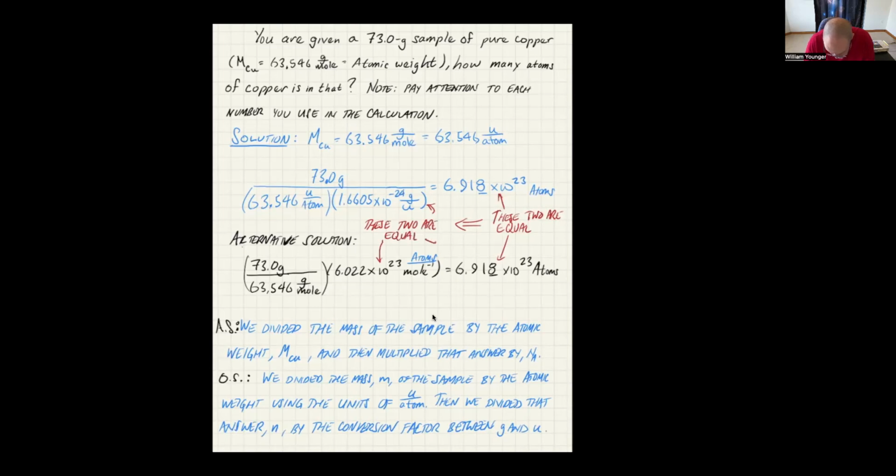And of course, that means the conversion factor is 1 over Avogadro's number.